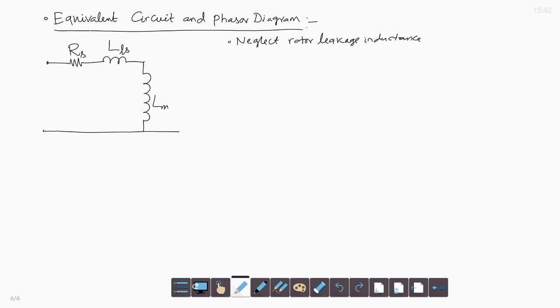So, if we neglect the rotor leakage inductance in the rotor branch, we have only the resistance R2 dash by S.